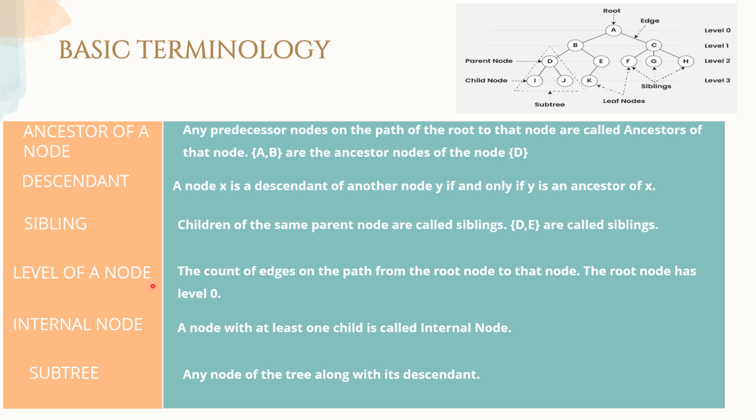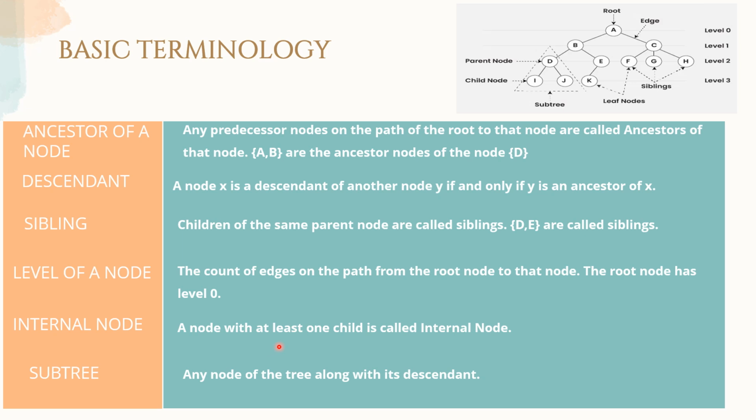Level of the node is the count of edges on the path from the root node to that node. That is, the root node has level number 0, and you can have the levels as given in the diagram. Internal node.